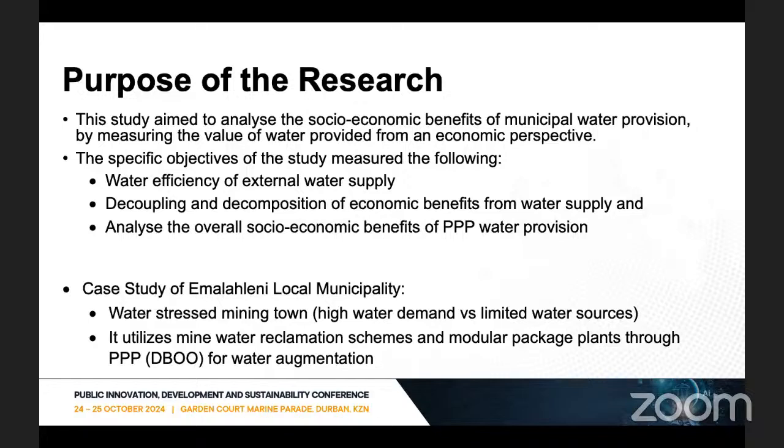Unfortunately, the area is not water endowed, in as far as there are no alternative water supply sources from which one can consider maybe intercatchment transfer. There's also very limited exploration of groundwater.